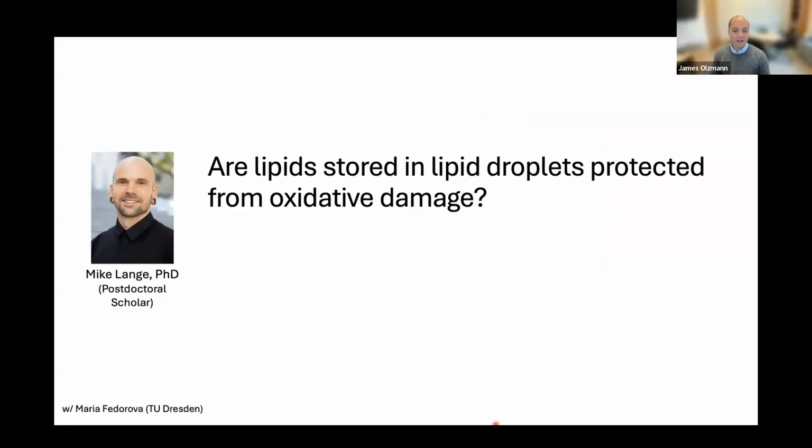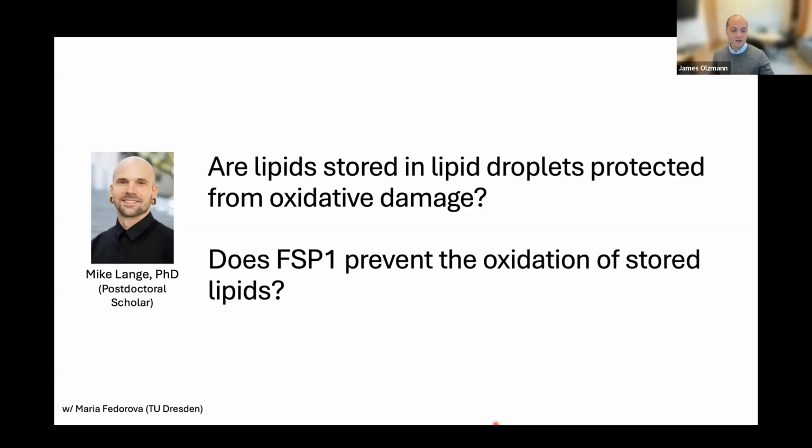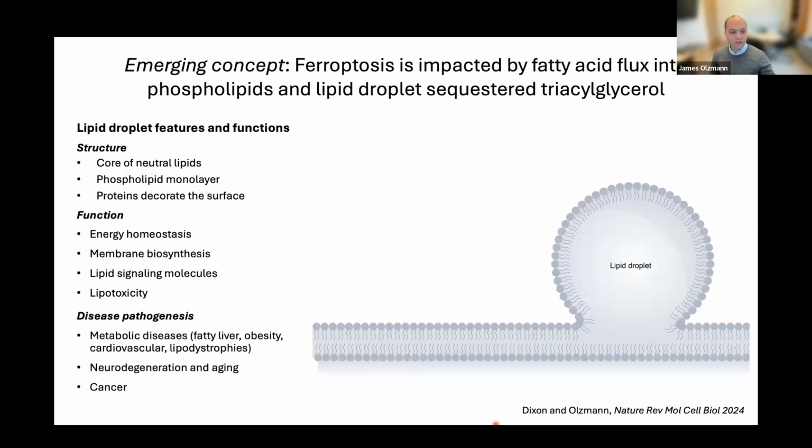And he's been looking at this process and asking this question regarding the stored neutral lipids. So are lipids stored in lipid droplets protected from oxidative lipid damage? And the prevailing hypothesis here being that FSP1 could potentially be localizing to these organelles to prevent the oxidation of these stored lipids.